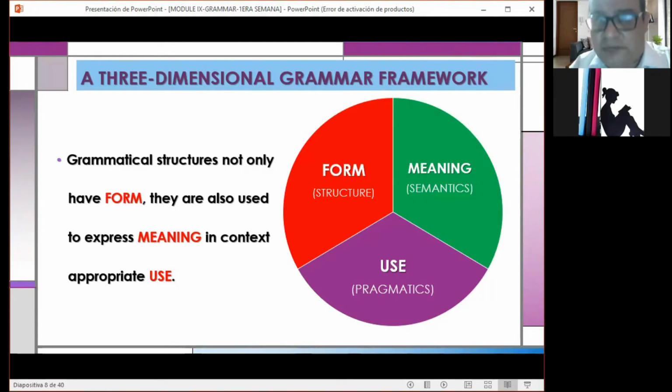Pragmatics in simple terms refers to how we use the language in different contexts, to express meaning in contexts appropriately. According to each context, you are going to use some pieces of grammar, as we have seen before.